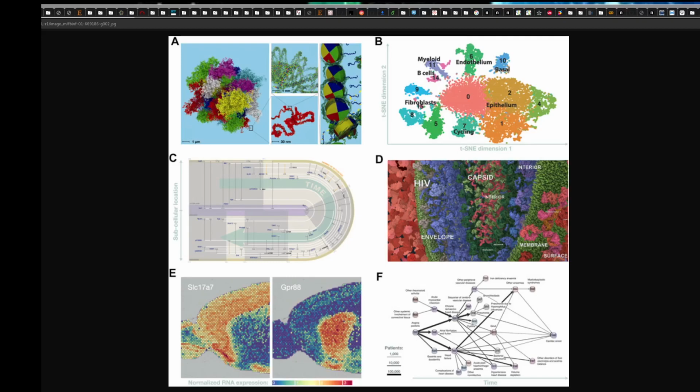Watson, J.D., and Crick, F.H.C., 1953. Molecular Structure of Nucleic Acids: A Structure for Deoxyribose Nucleic Acid. Nature 171, 737-738. DOI 10.1038/171737a0. PubMed Abstract, CrossRef Full Text, Google Scholar.